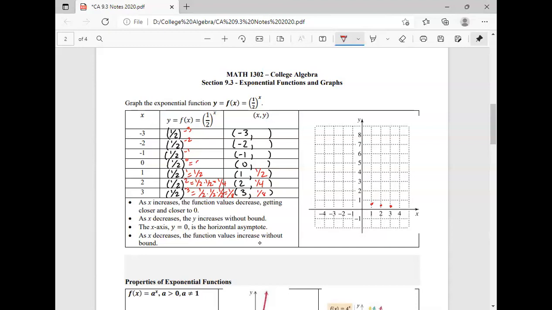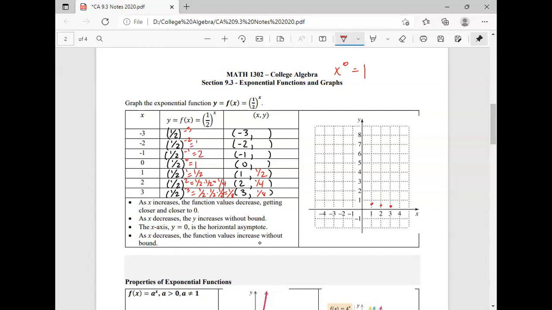How many times will 1/2 go into 1/2? 1, which goes with our property that anything raised to the 0 power is going to be 1. If I take 1 and I divide it by 1/2, be careful because sometimes we have trouble with division of fractions. But if you type in your calculator 1 divided by 1/2, it's going to tell you it's 2. We'll talk about why that is in just a minute.